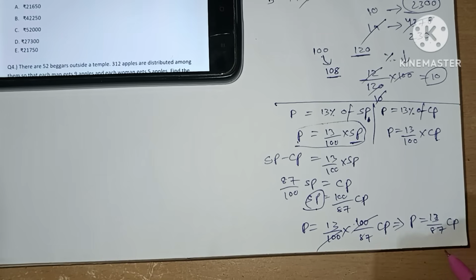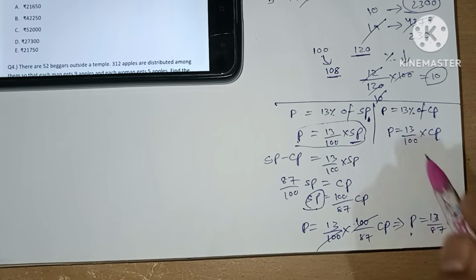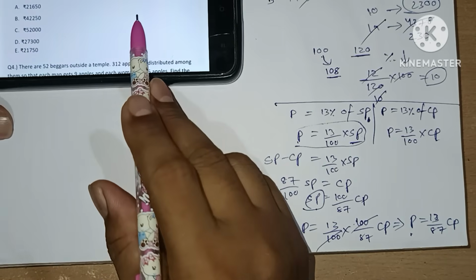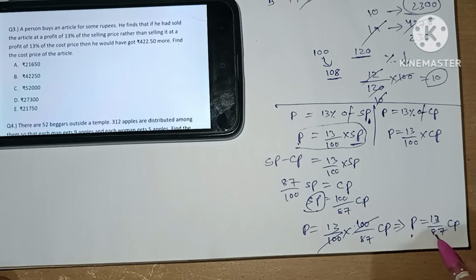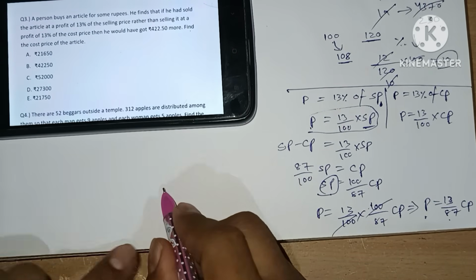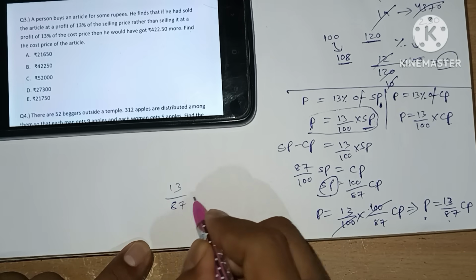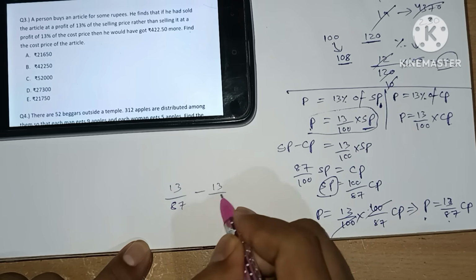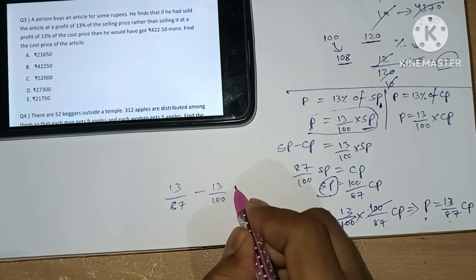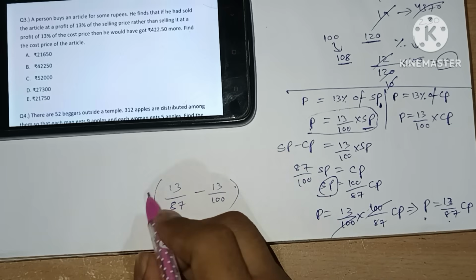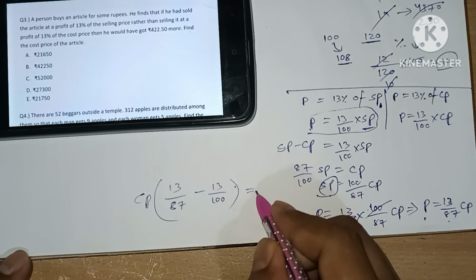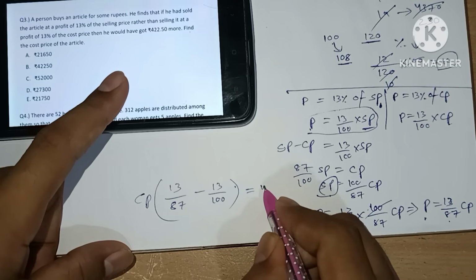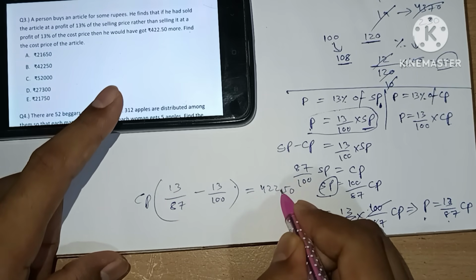The question says that the difference between this and this is 422.50. So what we get here is 13 divided by 87 minus 13 divided by 100, of CP, equals 422.50.